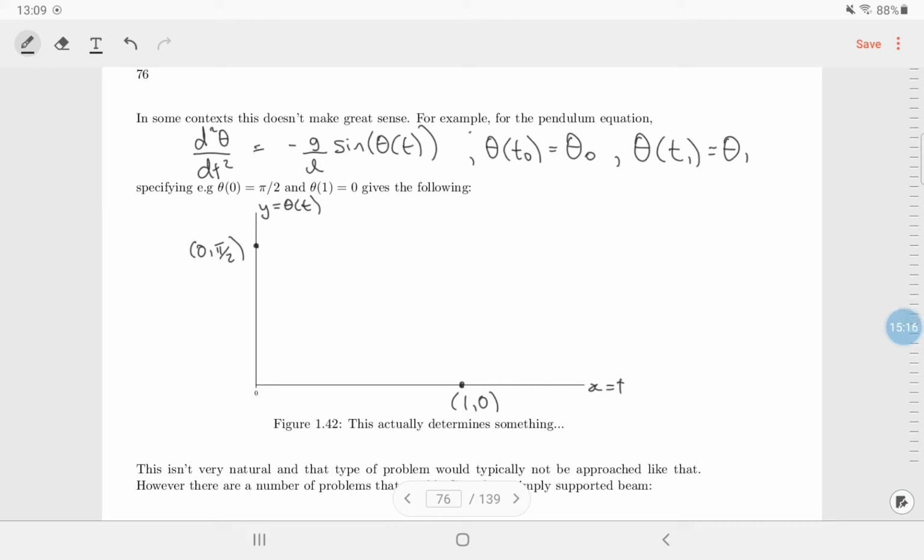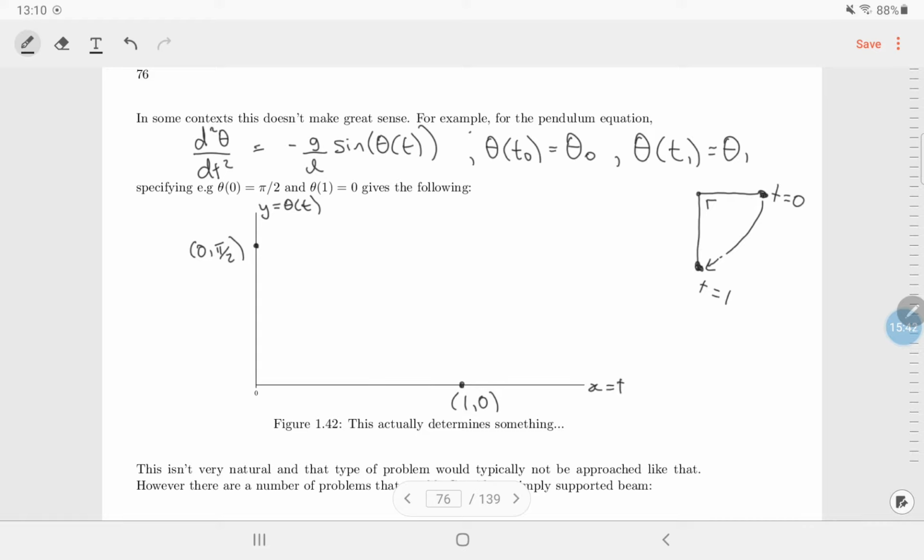Just think about it. You have a pendulum in front of you. It's initially at 90 degrees. Here's t equal to 0, and here's t equal to 1. How can you make that happen? Have a think about it.